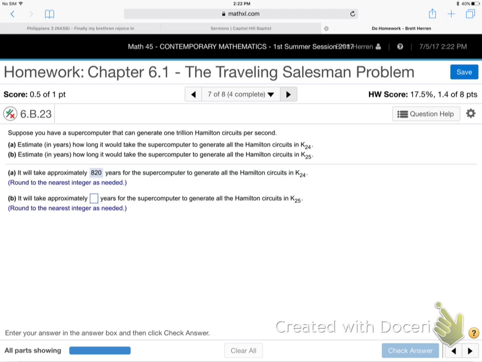All right. Anyway, estimate how long it would take the supercomputer to generate all the Hamilton circuits in K24. So, what are we talking about? K24, what does that mean again? That's a complete graph. I don't know why we use K instead of C, whatever. Complete graph, meaning all the cities directly hit all the cities.